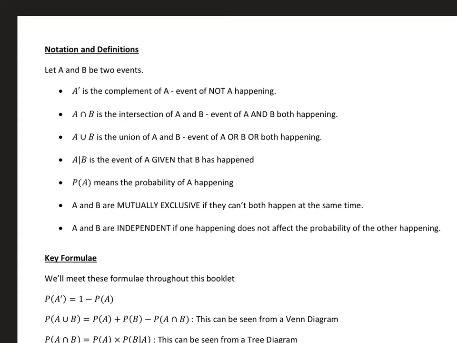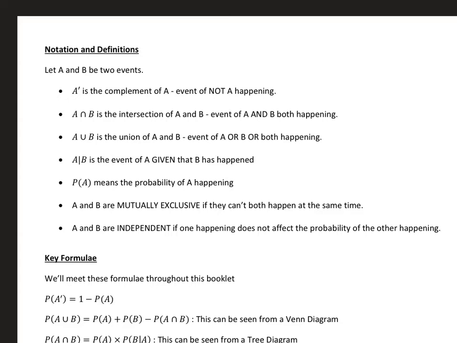A union B, so that's the event that A or B happens, and that also includes both happening. A | B, so that's the event that A happens given that B has already happened. So A given B, that's how you pronounce that one.